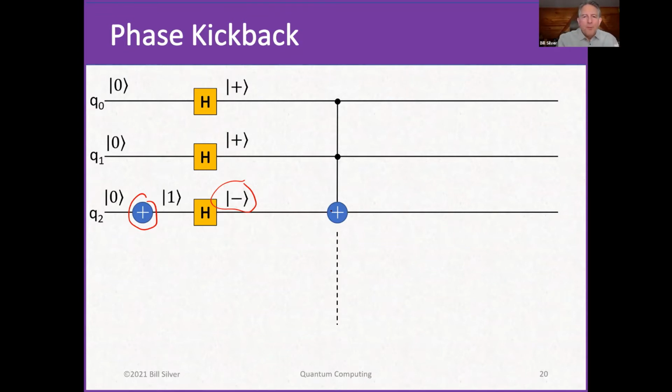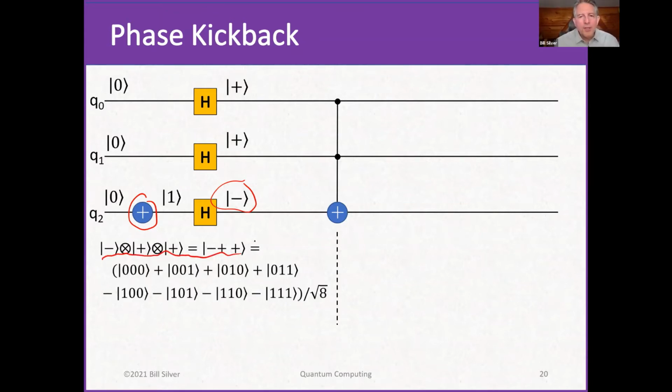So what happens now? These three independent qubits combine with this tensor product here, and that looks like this. So that's what this state looks like. Remember, we've got 3 qubits, so that's an 8-dimensional quantum state, and these are the basis vectors that you get when you do this tensor product.